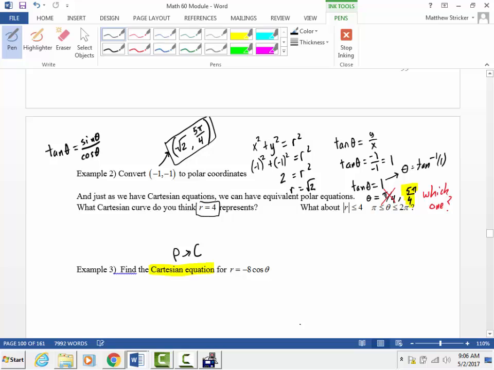Now think about what our formulas are for that. We can use any of the formulas, it just depends. We have x equals r cosine theta, y is equal to r sine theta.